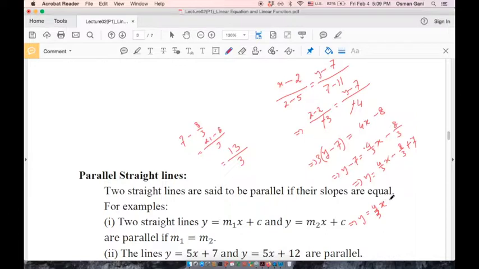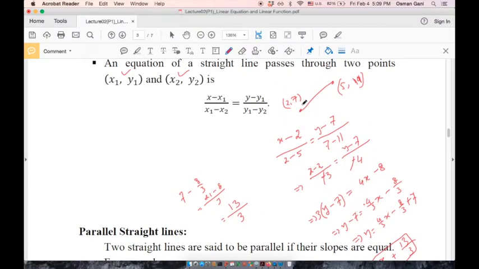So y equals 4 by 3 x plus 13 by 3. So this is the required equation of a line which passes through 2, 7 and 5, 11.